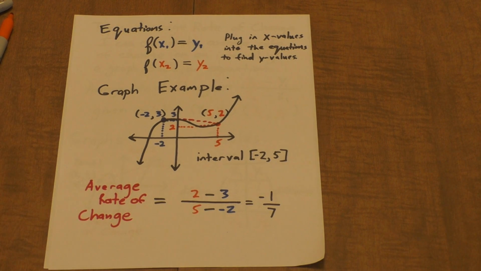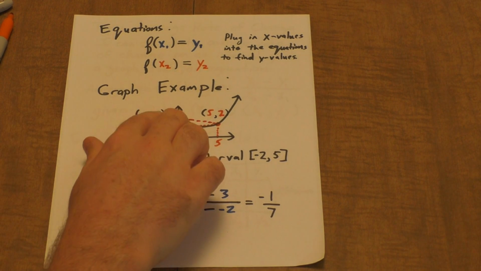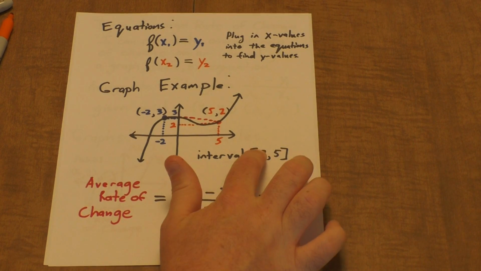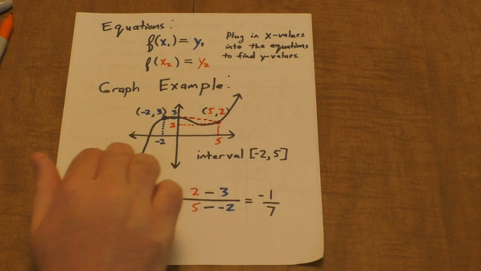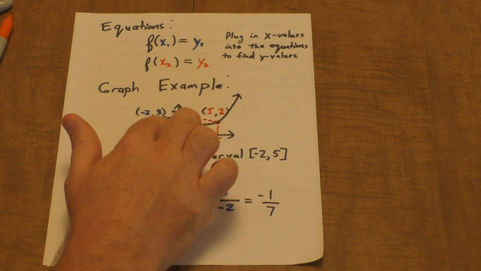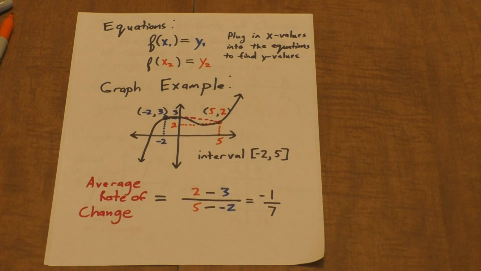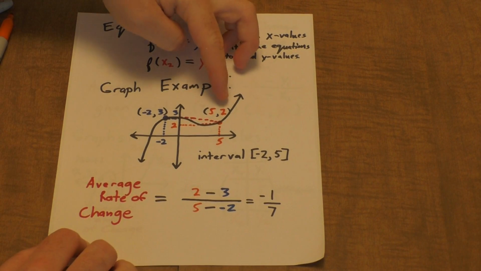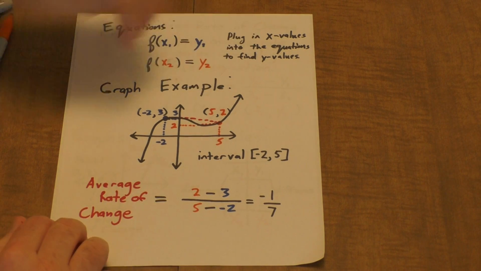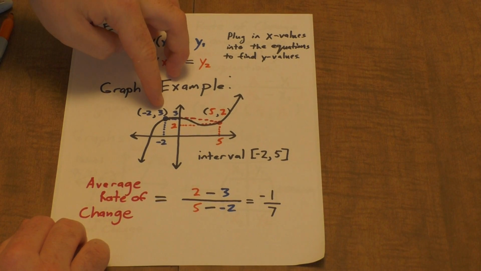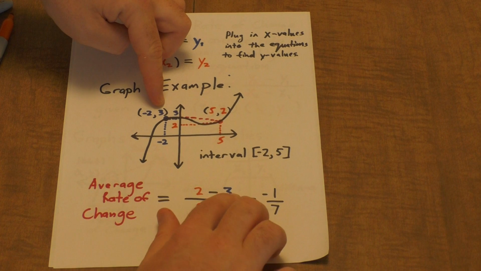Here's a graphic example. I have 2 points. Here's my interval. From x is negative 2 to 5. So right here, negative 2, 3 is my first point. 5, 2 is my second point. Okay? Here's our average rate of change. y2 is 2. y1 is 3.